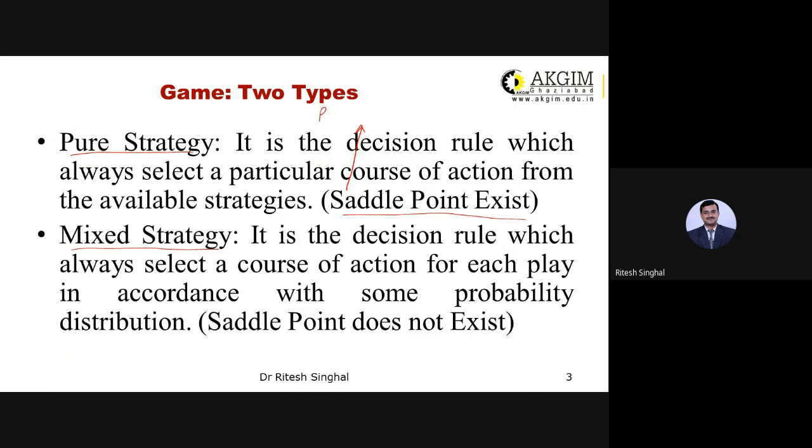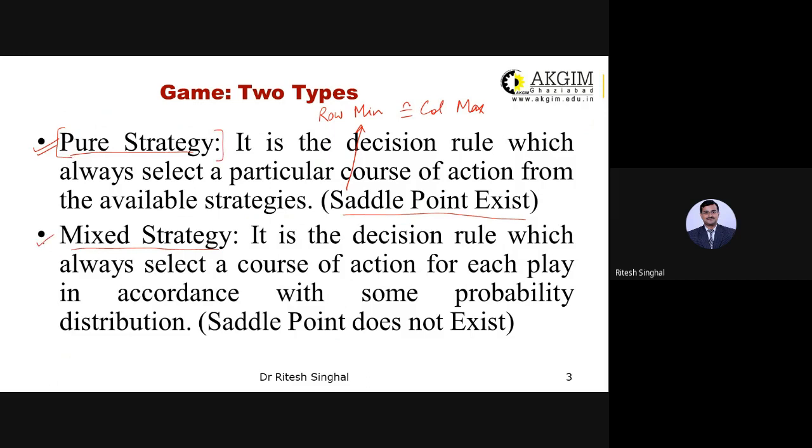A saddle point is a position of a matrix where the row minimum coincides with the column maximum. That is called a pure strategy game. Here, a single strategy is always best in all situations, so only a single strategy is sufficient to administer the game.